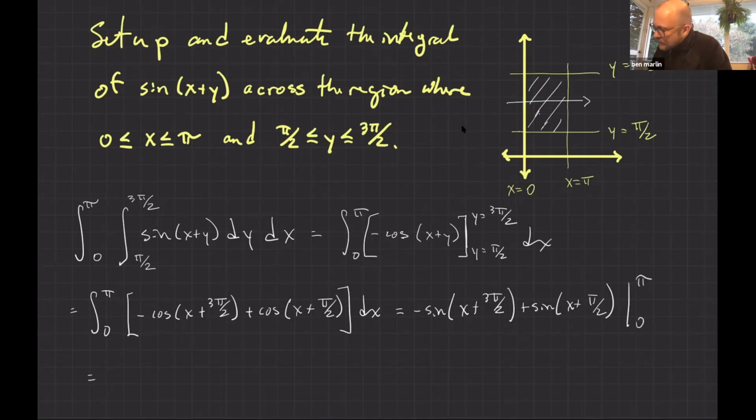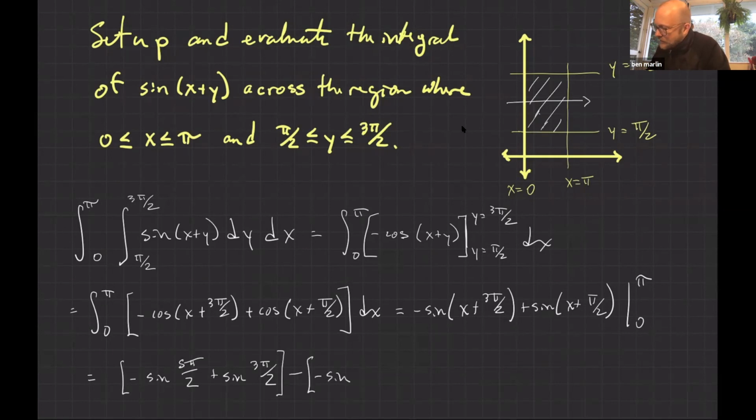So plug in the pi, and we will have minus sine, let's see, pi plus 3 pi over 2 is 5 pi over 2, plus the sine of 3 pi over 2, minus, oh whoops, okay, minus a negative sign.